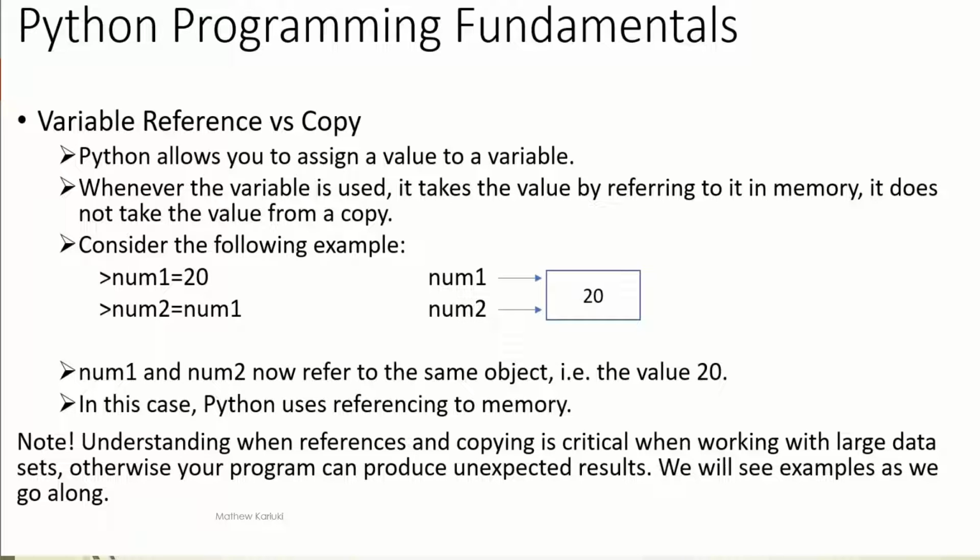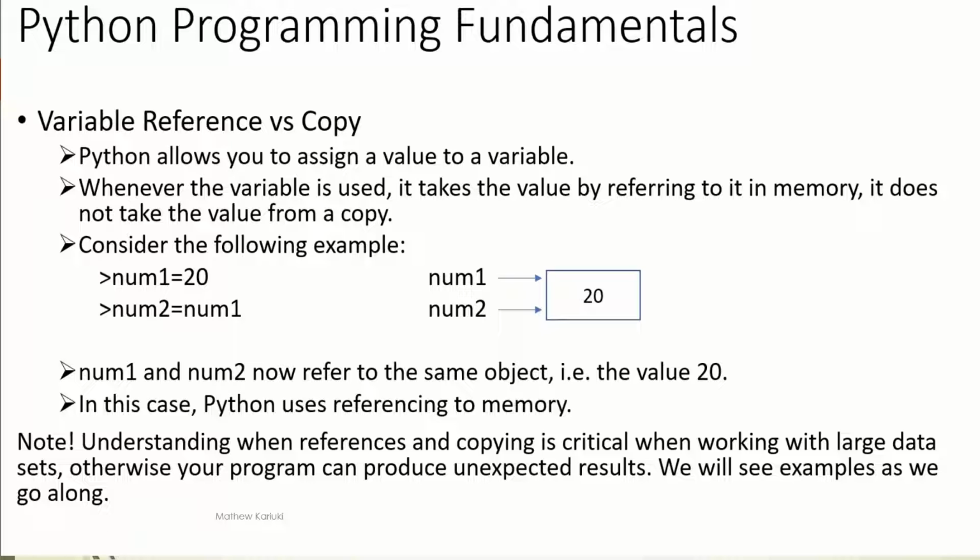Whenever a variable is used, it takes the value by referring to it in memory. It does not take the value from a copy. For example, when num1 references the value 20 stored in the computer memory, and num2 references num1, num2 refers to the same object as num1, i.e., the two variables point to the same memory location where the value 20 is stored.